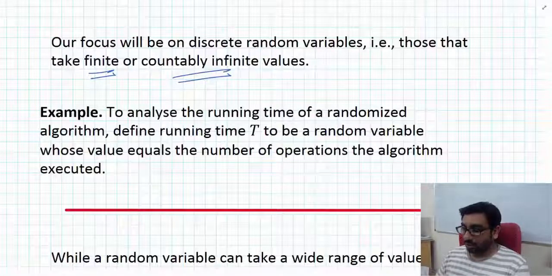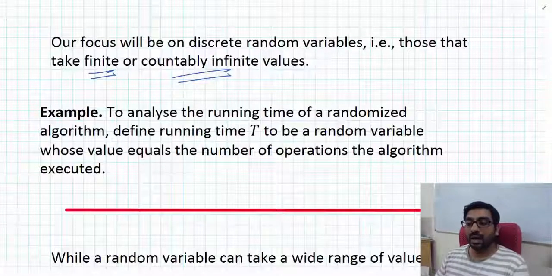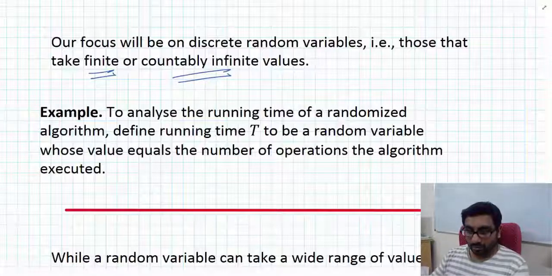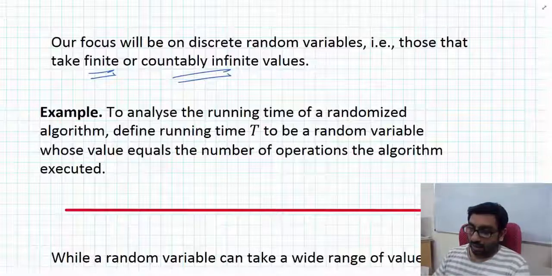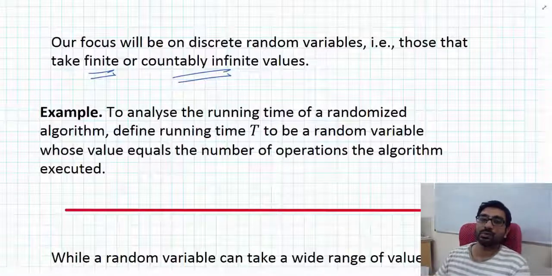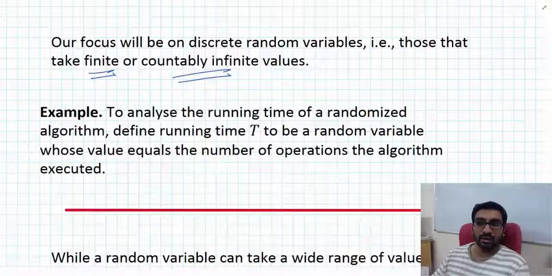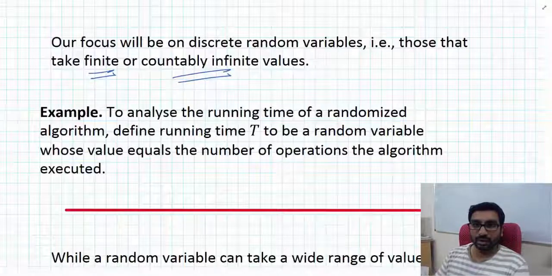So each possible execution of the algorithm can be thought of as an event, and the set of all possible executions is the sample space. For each execution, the number of operations performed by that execution is the random variable T. And the goal in randomized algorithms analysis, at least, is to gain a good understanding of this particular random variable T.